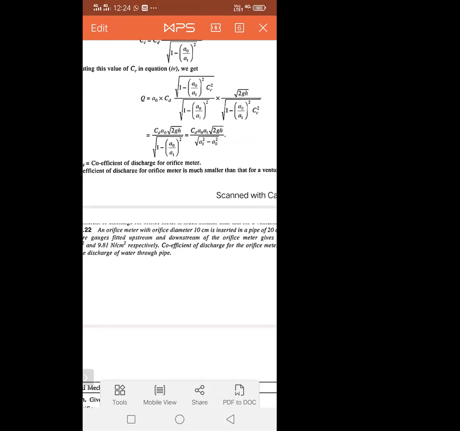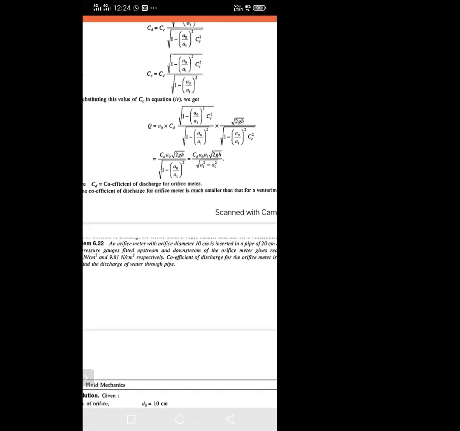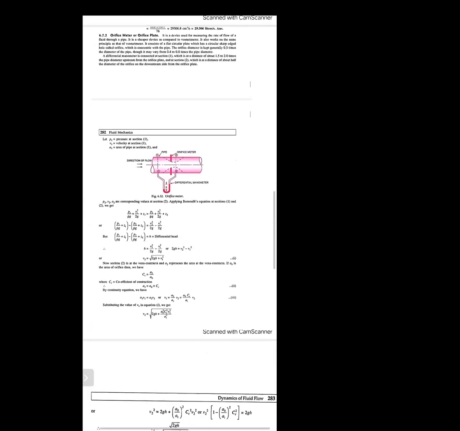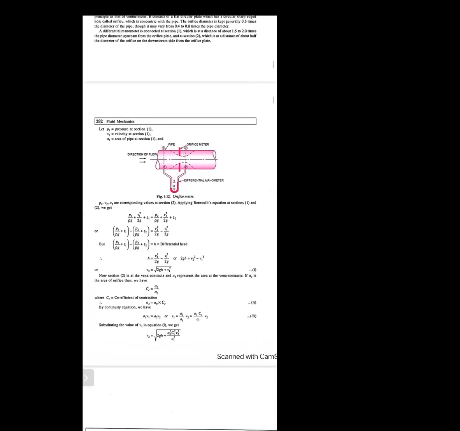The value of discharge through the orifice meter is Q equal to CD A0 A1 under root of 2GH upon under root of A1 square minus A0 square, where CD is the coefficient of discharge, A0 is the area of section 1 and A1 is the area of section 2.